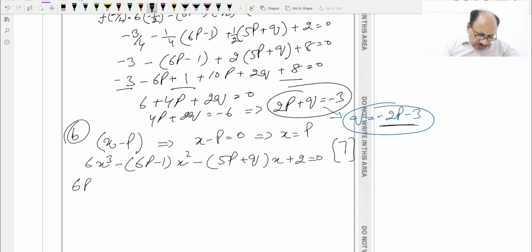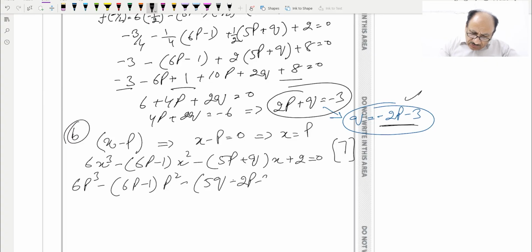So 6p cube minus (6p minus 1) into p square, and this will be minus (5p plus q), and q value we can replace here, so plus (minus 2p minus 3), and this will be into p plus 2 equal to 0. Further we can simplify. We can open the bracket.